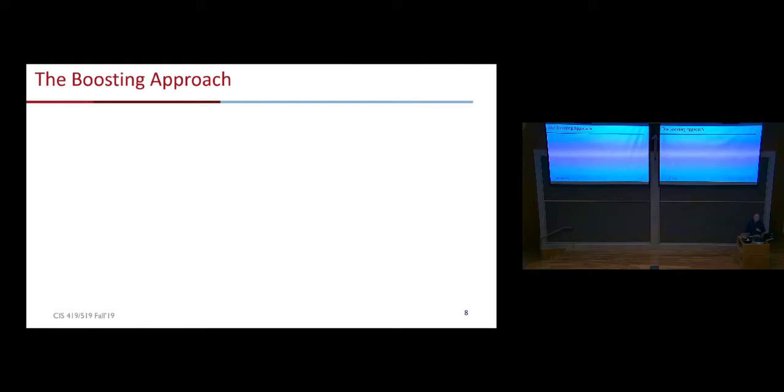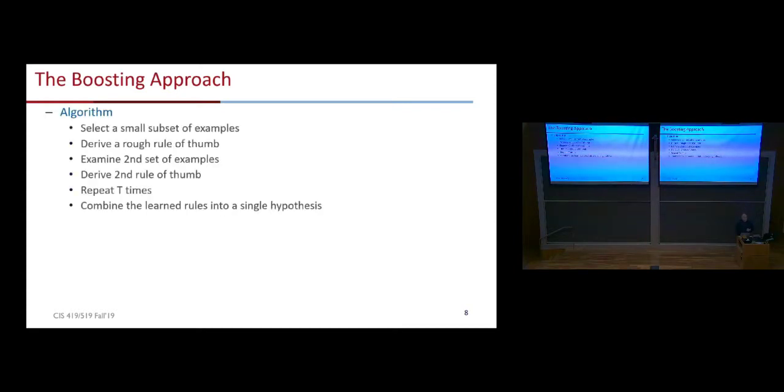This is where they tried to use the boosting approach, which was basically to use an existing algorithm that was developed earlier. And the idea was this: select a small subset of examples, derive a rule of thumb for this set of examples, take another set of examples, derive a rule of thumb for that, repeat this until you get good enough coverage, and combine the learned rules into a single hypothesis.